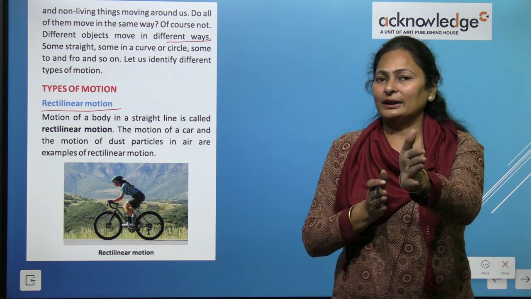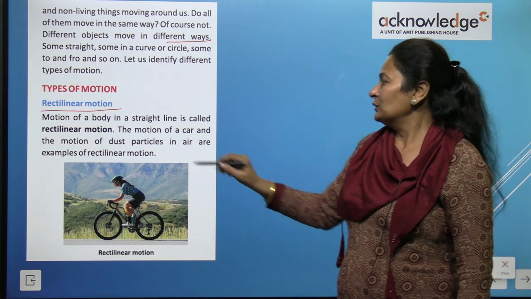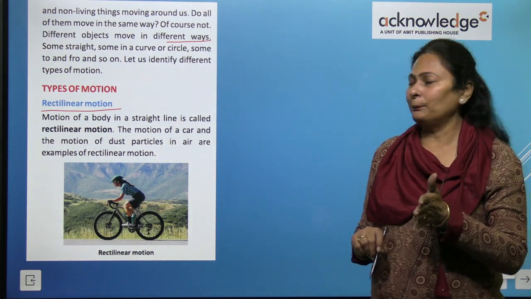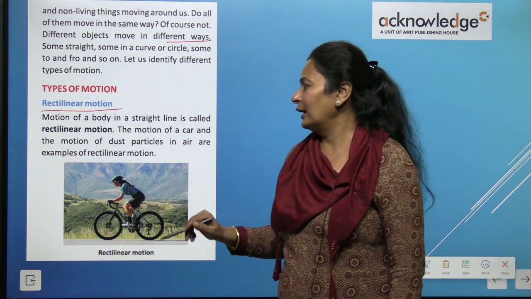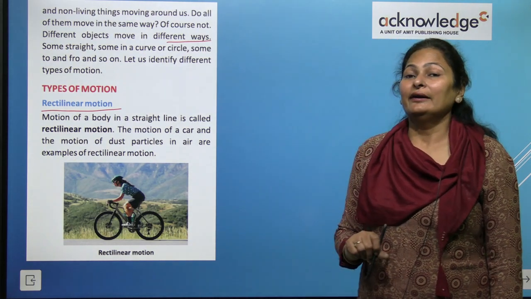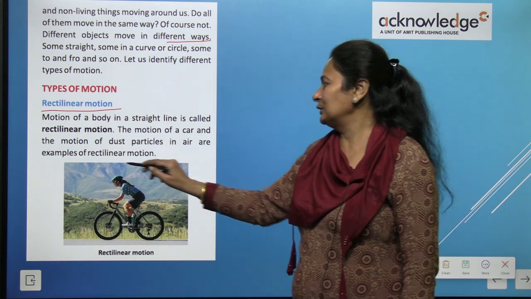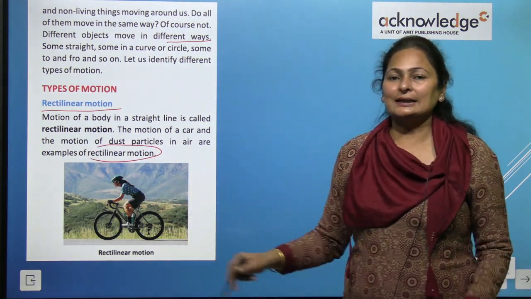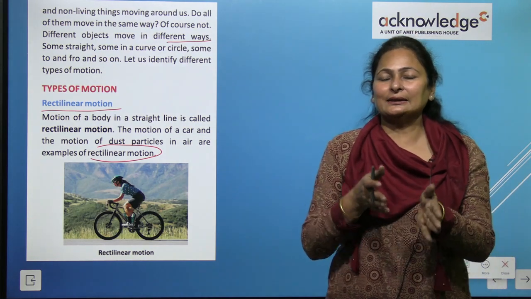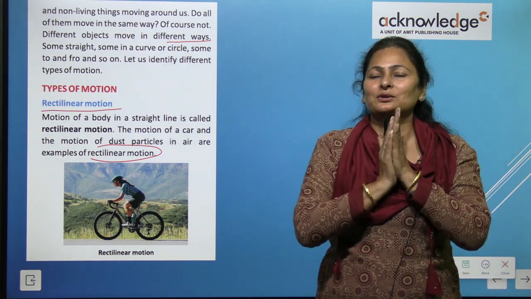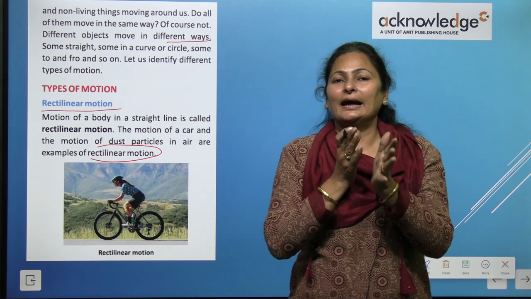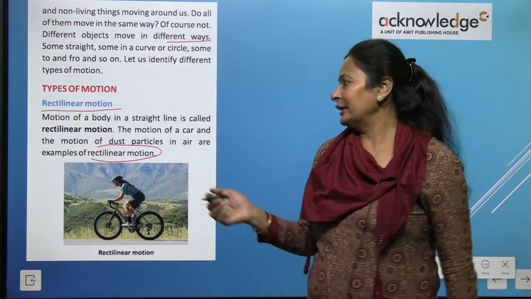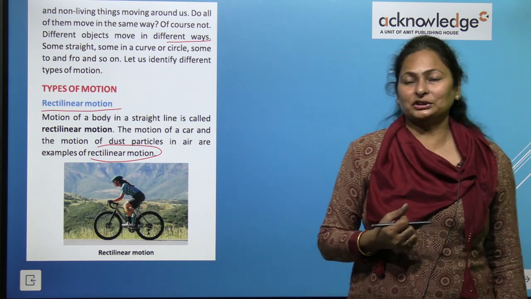The motion of a car and the motion of dust particles in the air are examples of rectilinear motion. You can see in this picture the rider is riding the bicycle on a straight path. Things that move in a straight line are called rectilinear motion.